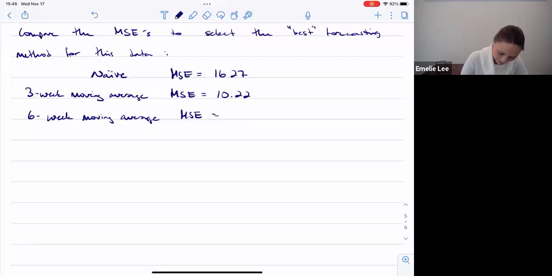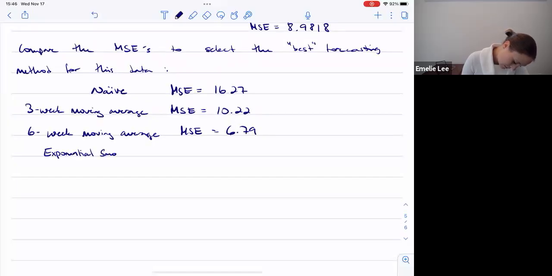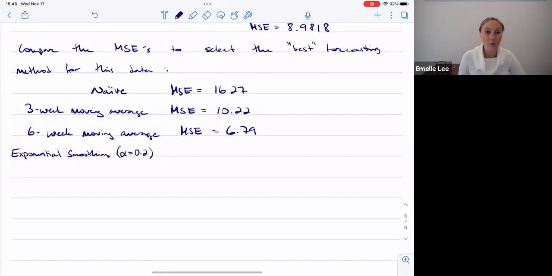Not really. And then finally, the exponential smoothing. We should specify that alpha is 0.2, because we could play around with those alphas and find the best alpha to use, right?